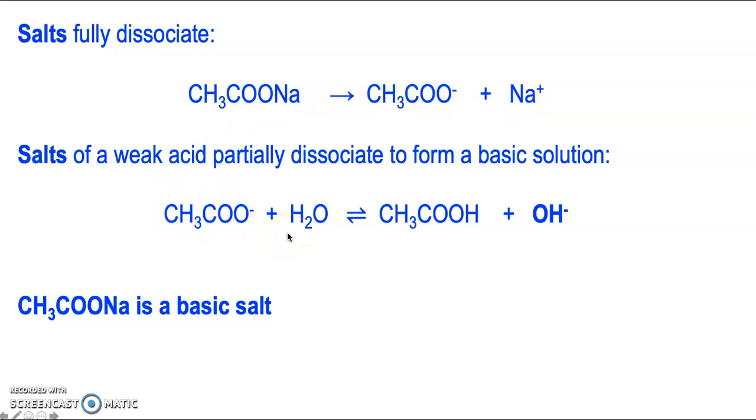Now a tip, group 1 cations and group 2 cations, so things such as Na+, Mg2+, Li+, never react with water. It is always going to be the anion that will react with the water and accept the proton, producing the hydroxides, and that's how I know that this is a basic salt.